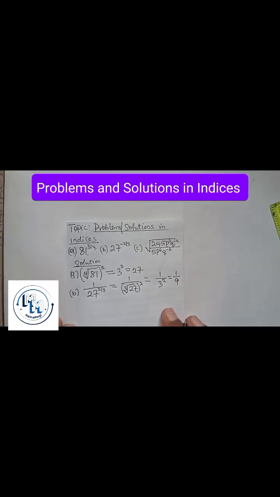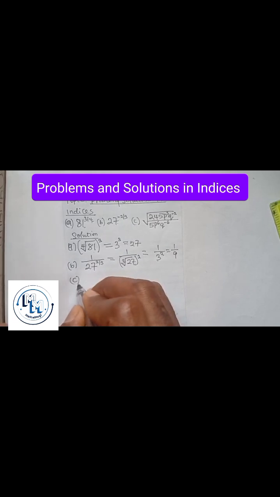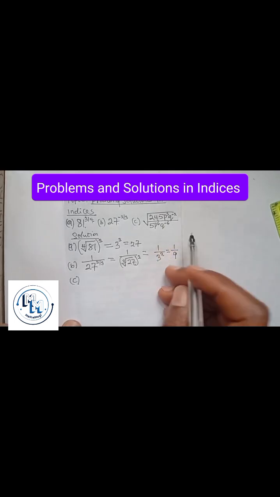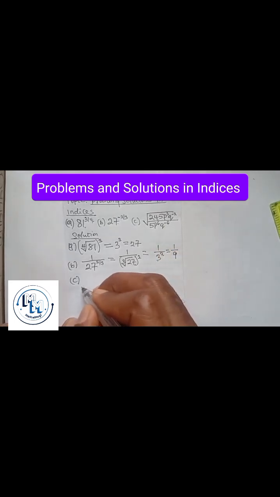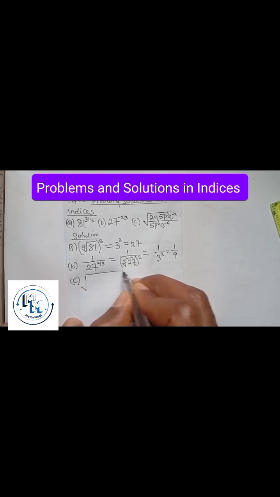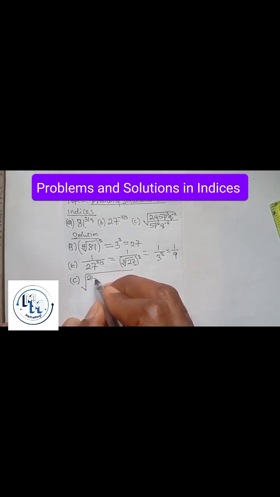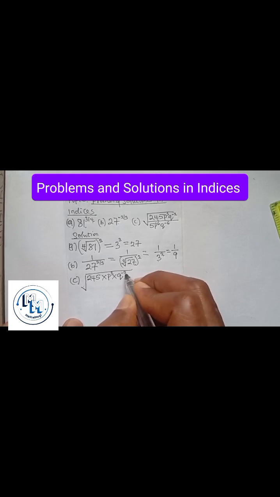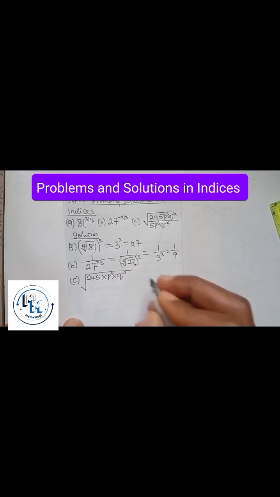Are we following? Good. Now, let's look at the third one, pardon me please. This third one. Is that okay? Now I'm going to do a lot of work here just for your understanding. This is square root of 245 times p power 3, then times q power minus 2, is that okay?